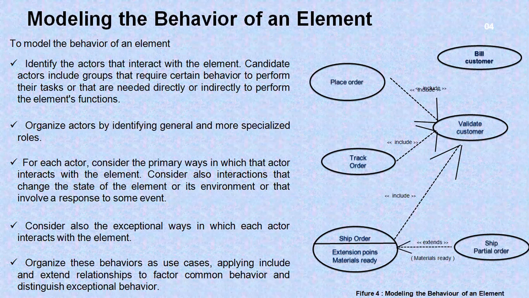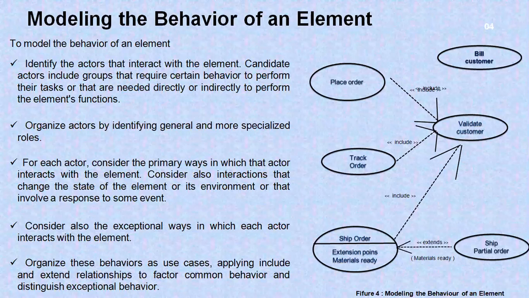To model the behavior of an element, we need to identify the actors that interact with the element. Candidate actors include groups that require certain behavior to perform their tasks or that are needed directly or indirectly to perform the element's functions. And we need to organize actors by identifying general and more specialized roles.